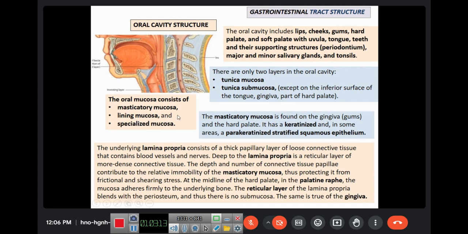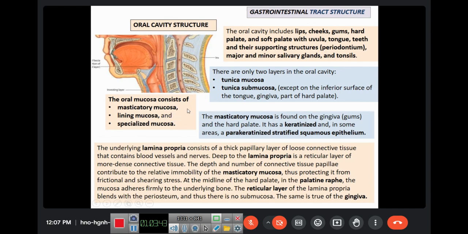So it is just the ordinary lining mucosa with stratified non-keratinized epithelium and underlying loose connective tissue of the lamina propria mucosae and submucosa. So these areas are not subject to high stress during chewing, so they can be covered with this lining mucosa.